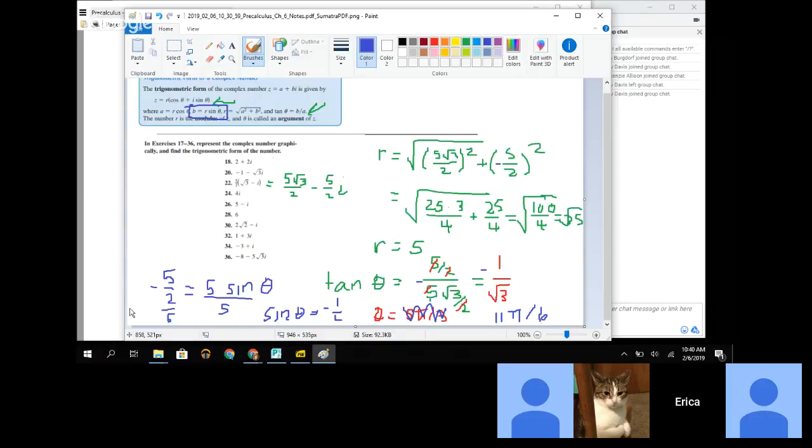But actually, the more I look at it, I think if you take the sine or the cosine, it's much easier. Because if I know that the sine of theta equals negative 1/2, then it's really easy for me to look at my unit circle and find that theta equals 11 pi over 6. Okay, did I completely lose you guys?